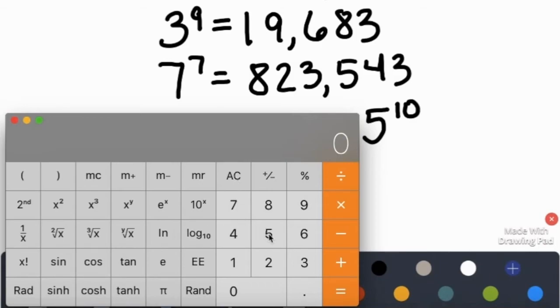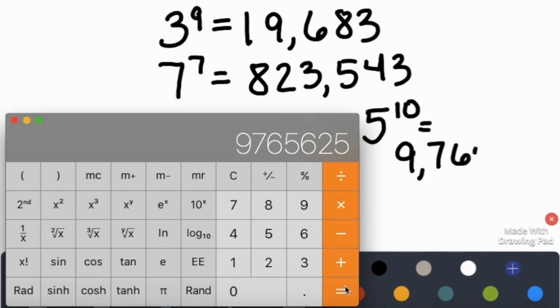All right, so we're going to press our base first, and then our x to the y button, and then our exponent, which is 10, equals. Okay, so that's 9,765,625.